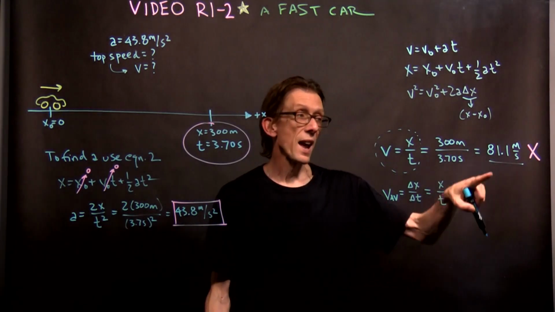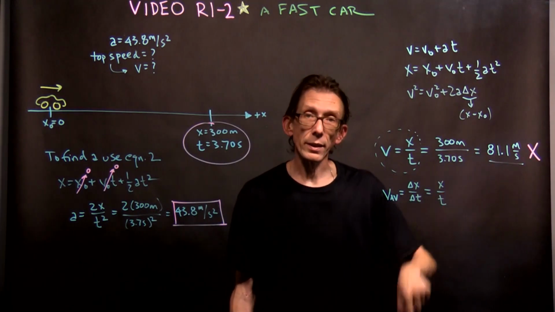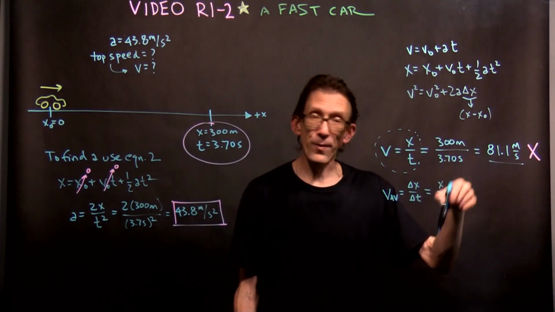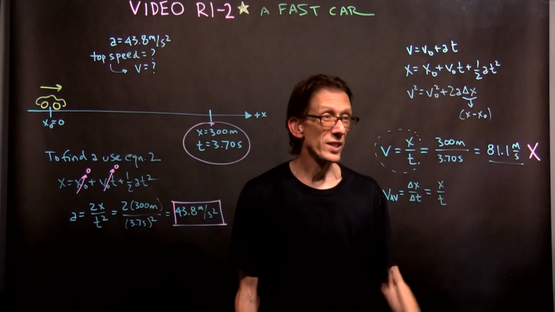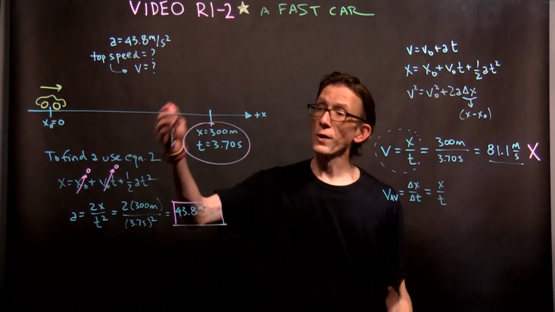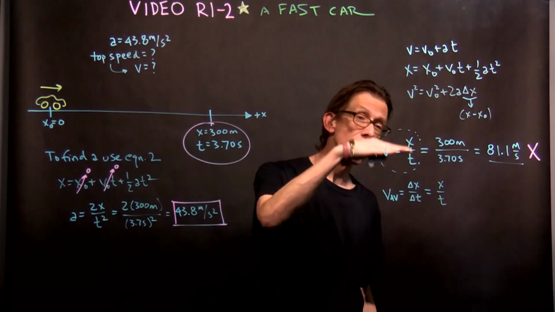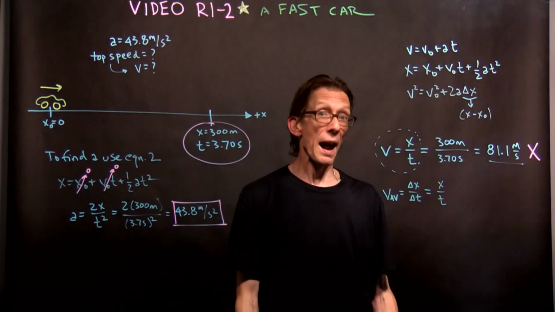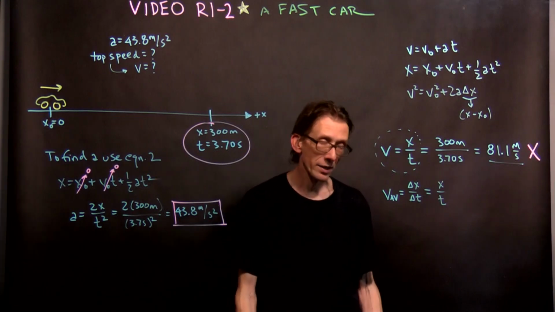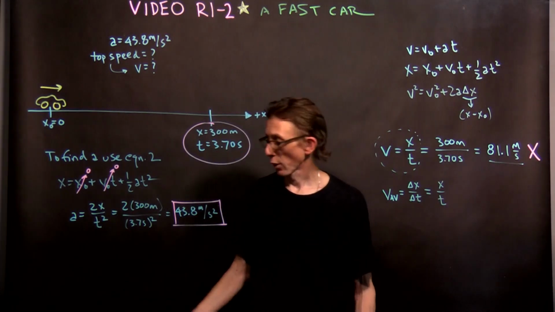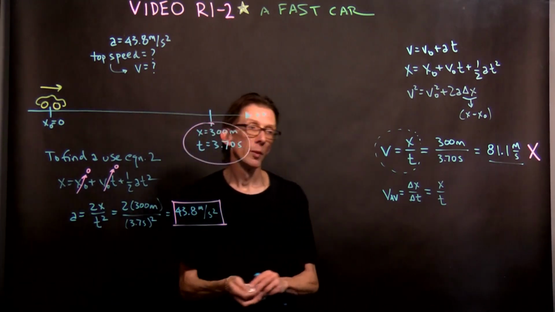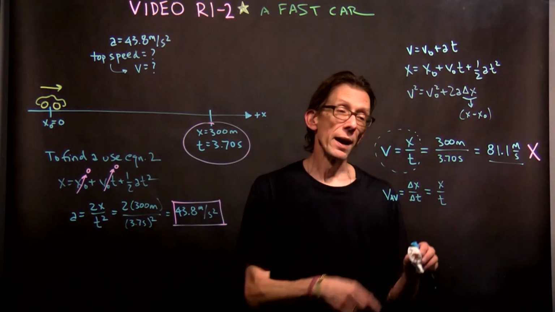What they give me as an answer is the average velocity. This is not the final velocity. This is the average velocity. When you divide distance by time, displacement by time, that gives you the average velocity, not the final velocity. Okay? So don't use that.